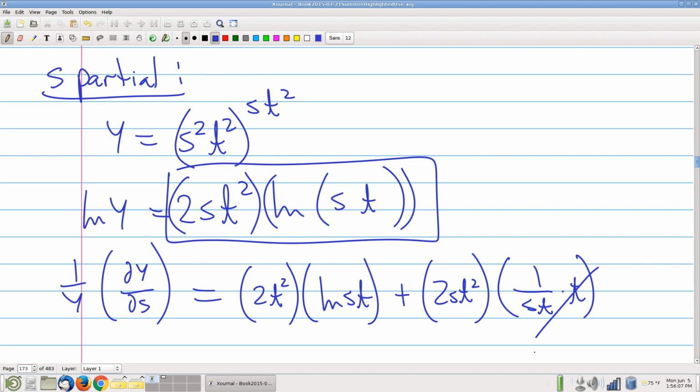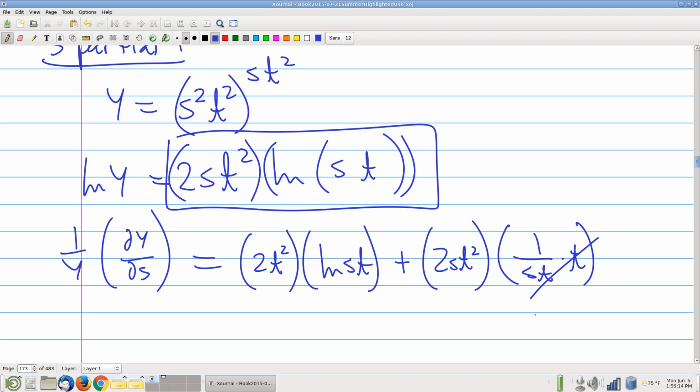Lucky cancellation there. And so it wasn't that bad, really. And so what I have then is 2t squared log st plus 2t squared.